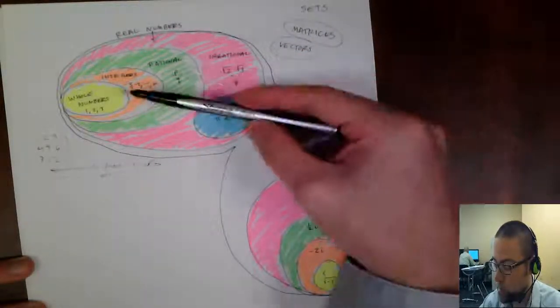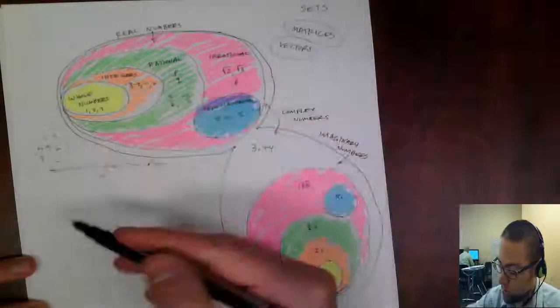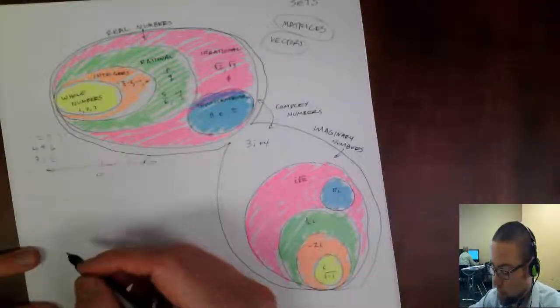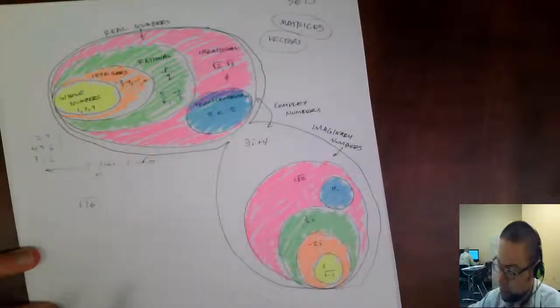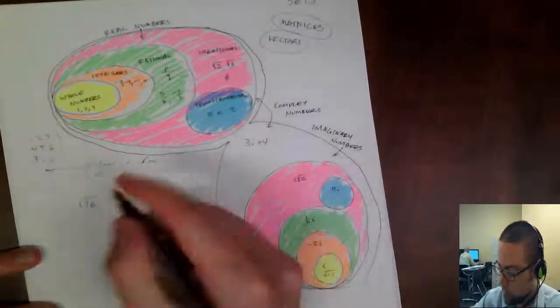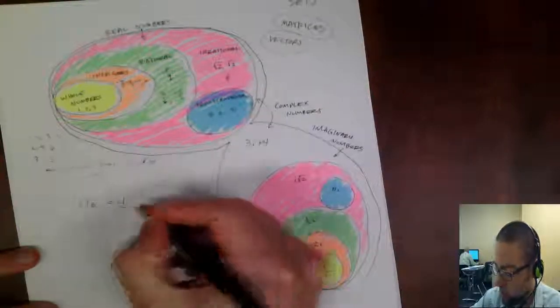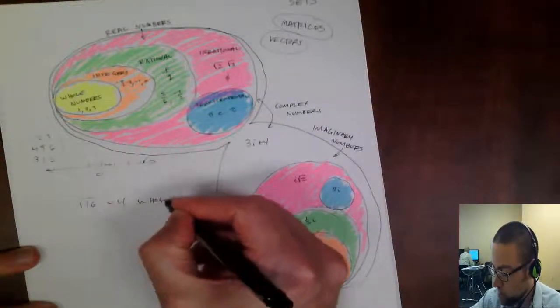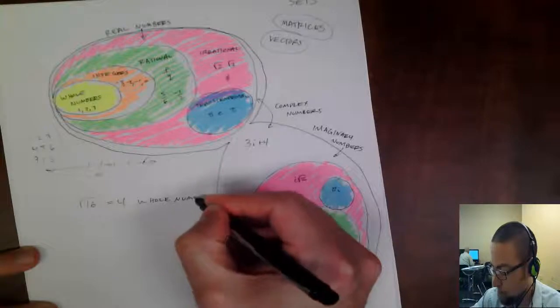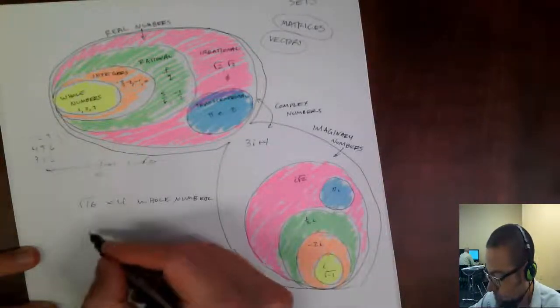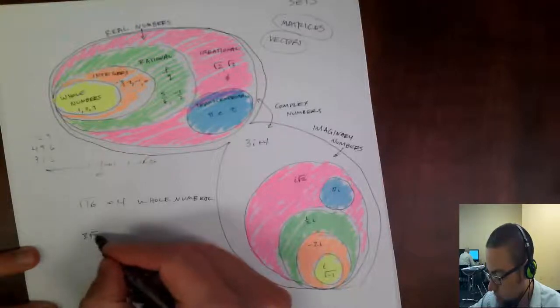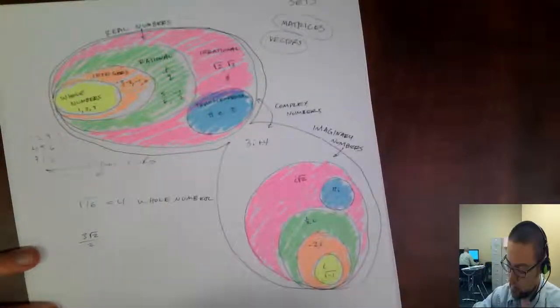Where do they fit? In the simplest form, where do they fit in this scheme of things? So like the square root of 16, where does that fit? Well, this can be simplified, right? This can be simplified into 4, which would be a whole number. Okay, where does 3 square root of 2 over 2 fit?